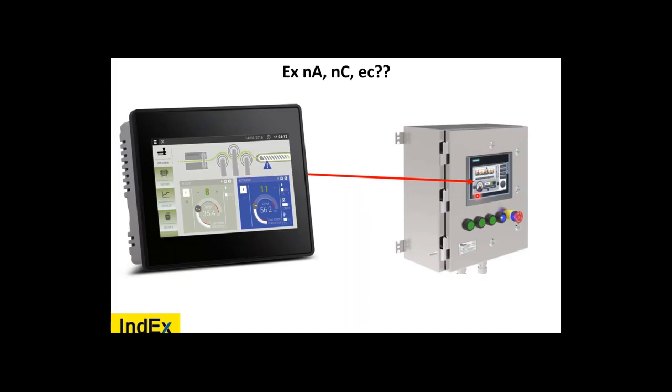Some of them only have to go into an IP54 junction box. Or maybe it goes into an Ex eC junction box. Or maybe Ex p, pX, pY, pZ. Or maybe it goes into an Ex d. Maybe. No, it would not go into Ex d because it's not rated Ex d.